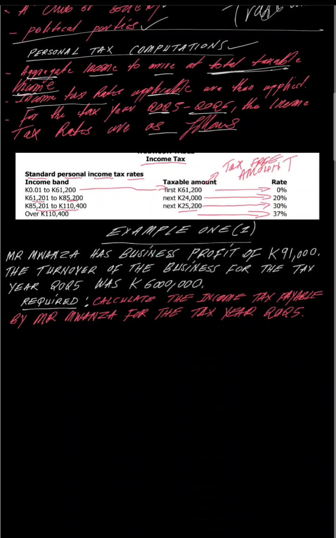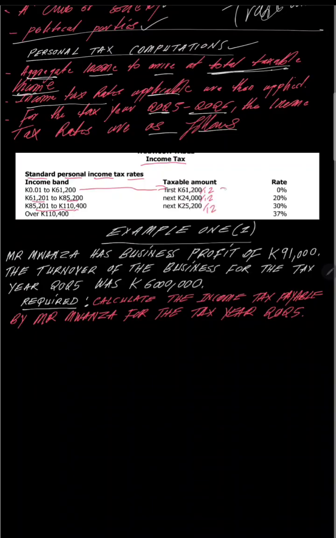So these are called tax bands. These are annual tax bands, like I said. If you're looking at monthly income tax computation, you can simply convert these by dividing all of them by 12.